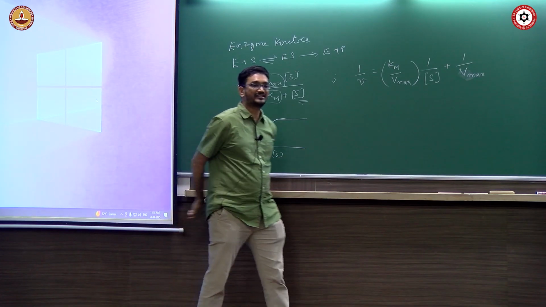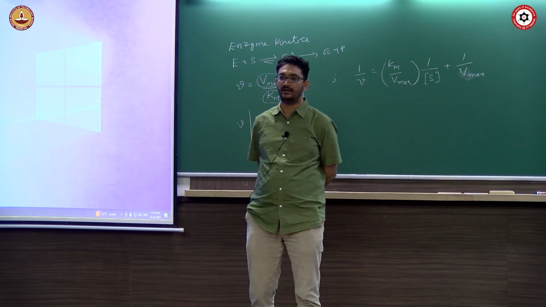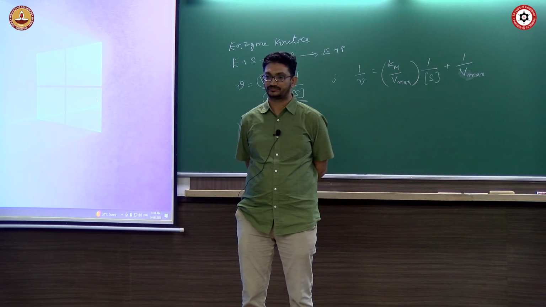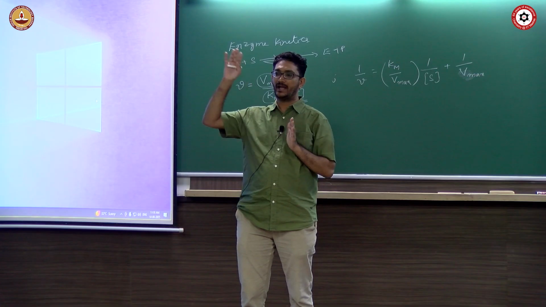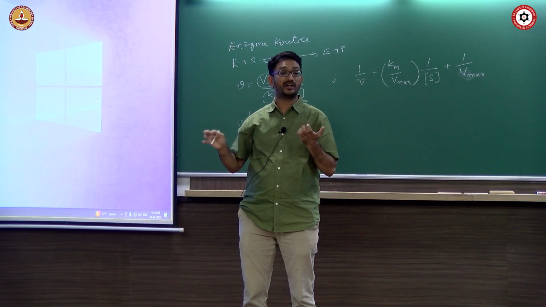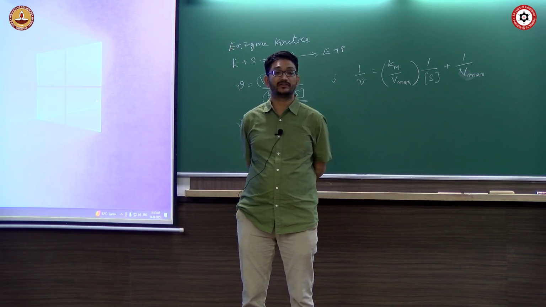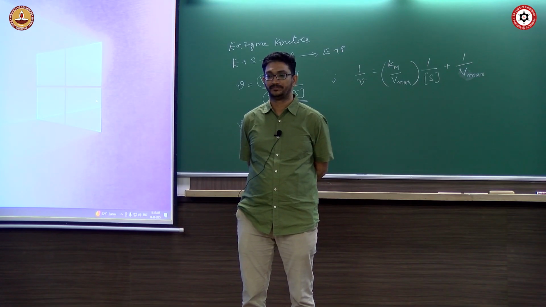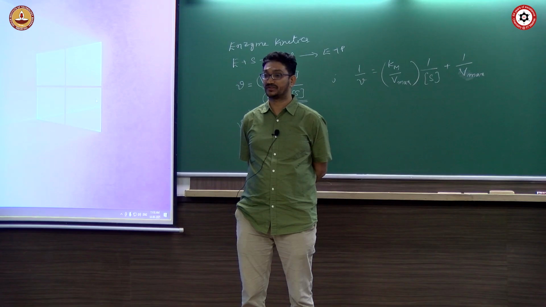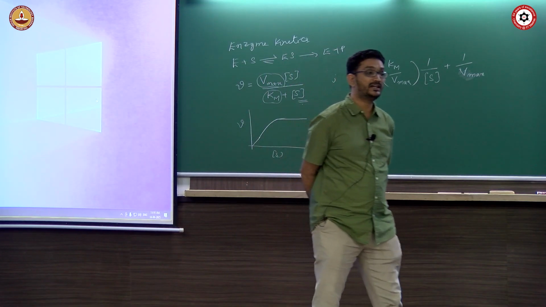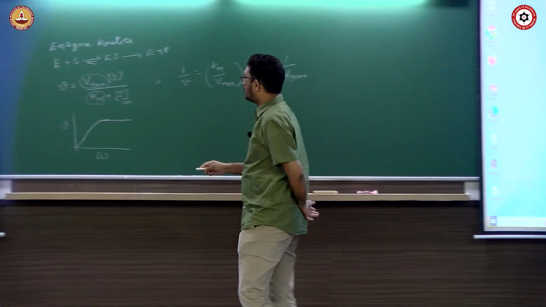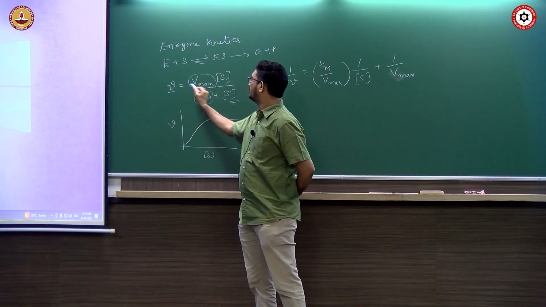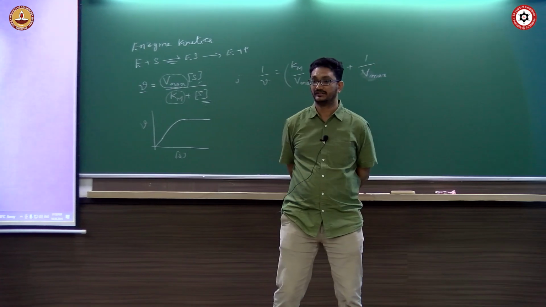Can you tell me at what substrate concentration you will get the Vmax value? So basically your nu is the rate of the reaction, Vmax is the maximal rate. At what substrate concentration will my rate of the reaction be equal to Vmax?